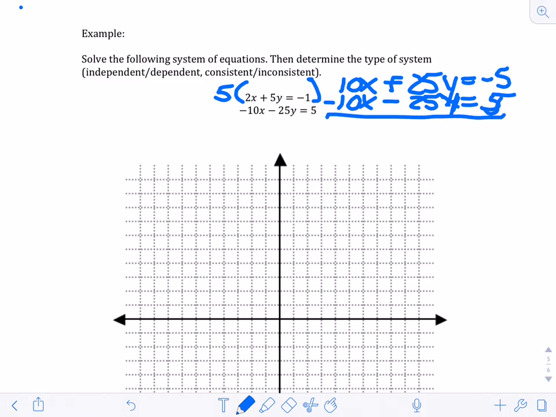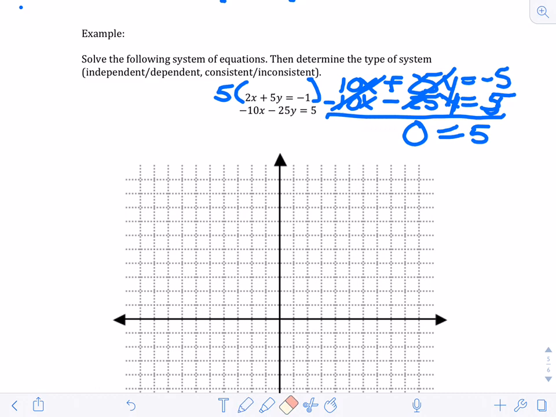Once again, we add them together. Our x's canceled out just like we wanted. But when we go to add our y's together, that also cancels out. So that's kind of weird that both of those are gone now. So we're left with 0 on our left-hand side. We add our right-hand side, negative 5 plus 5.